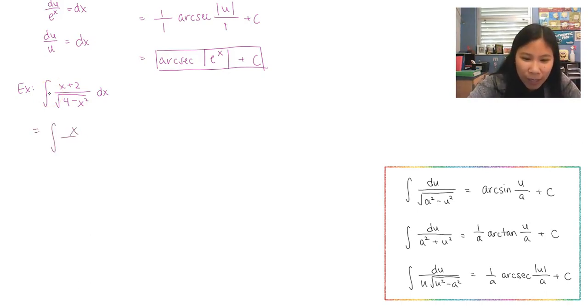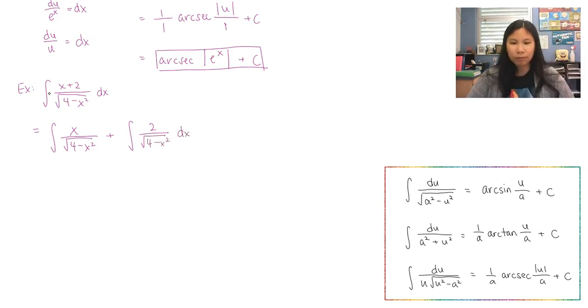I'm going to split this into x over the square root of 4 minus x squared plus 2 over the square root of 4 minus x squared dx. Because once I split it up, earlier we said if I did u sub on this first one, the derivative would be negative 2x when u equals 4 minus x squared.